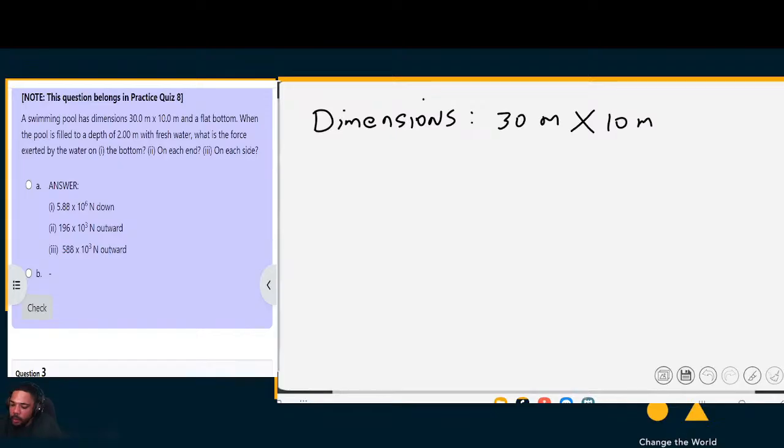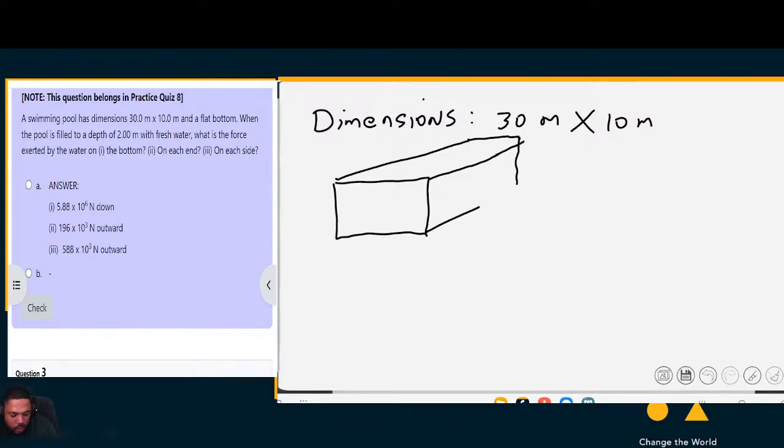Okay, so how do we attack this problem? This is just a problem of pressure along the bottom. If you calculate the pressure, you can calculate the force. So this is the pool in this case. These are the dimensions of the pool.